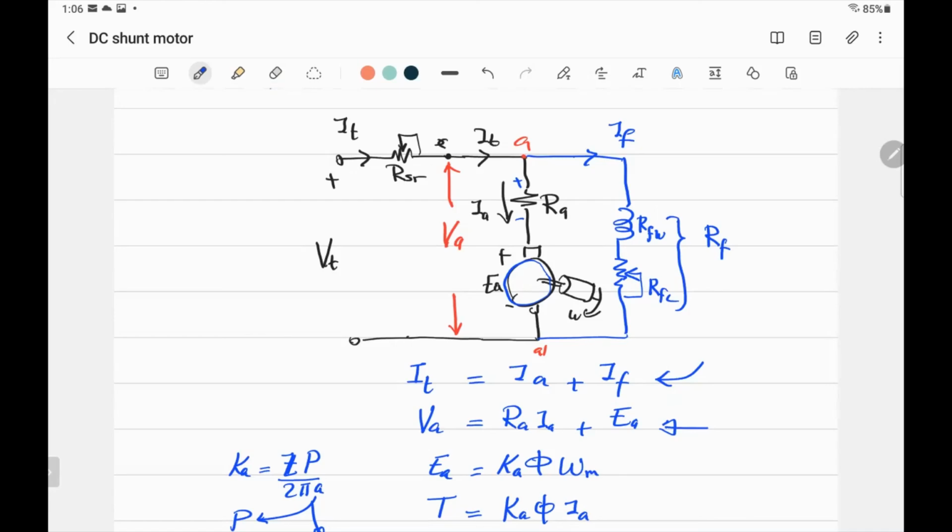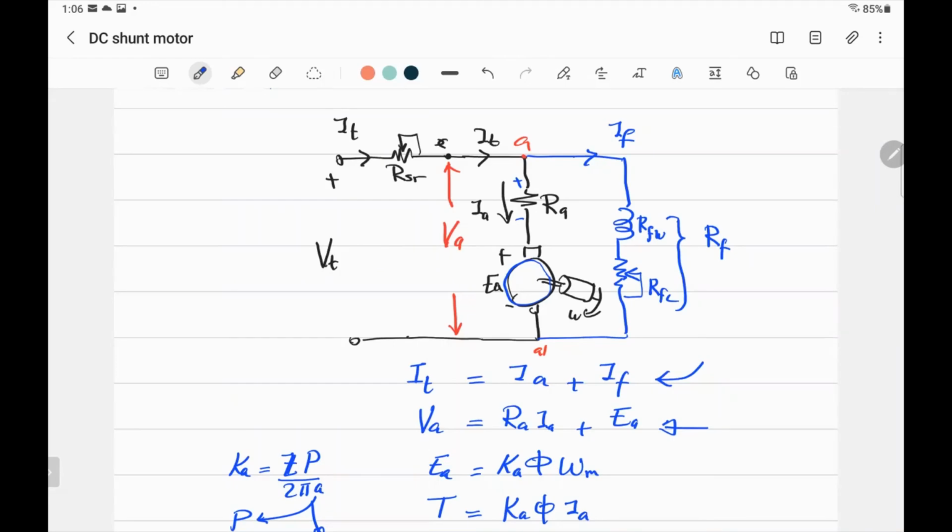VT. What's the value of VT? Say it loud. 100. What about the IT? 120.